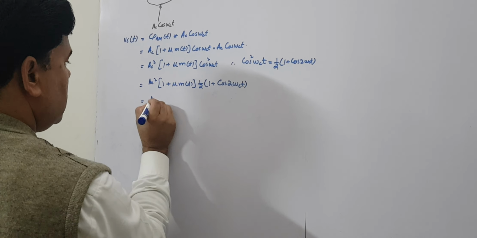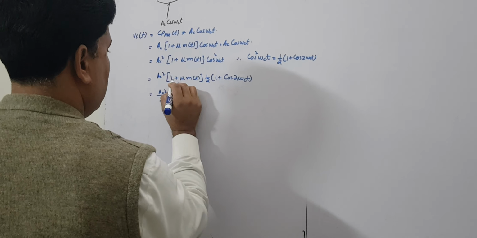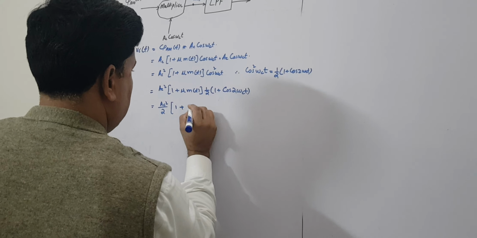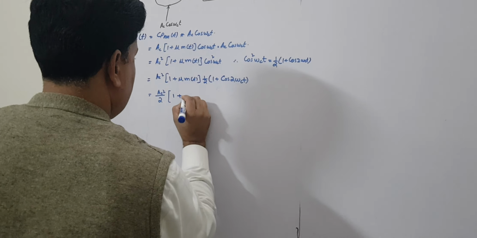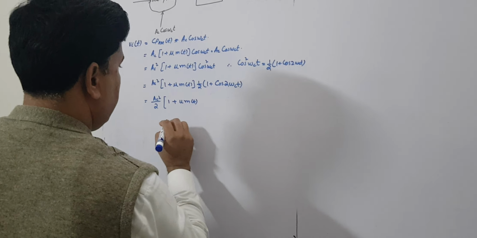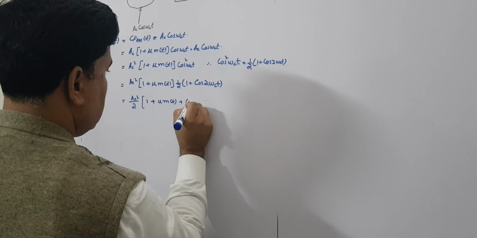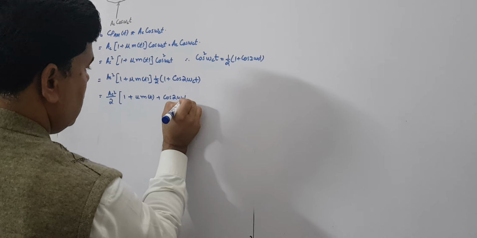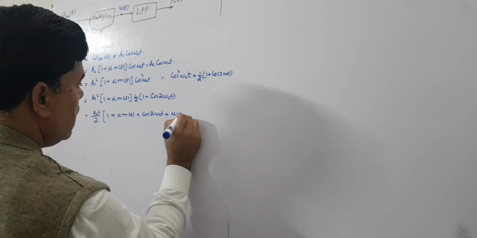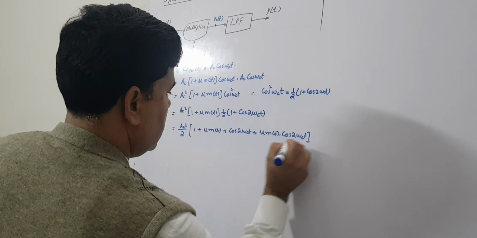So that is Ac squared by 2. If you multiply this with that one, it is 1 plus mu m(t), and then if you multiply with this one, plus cos 2 omega c t, and then plus mu m(t) cos 2 omega c t.